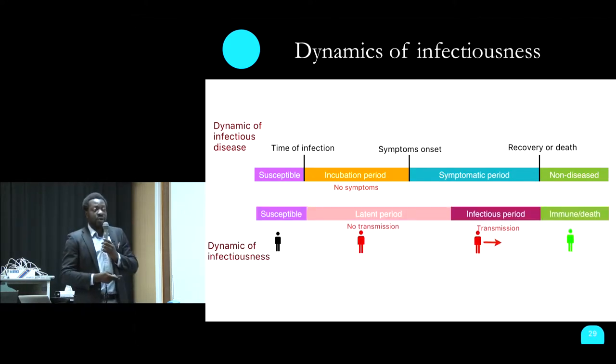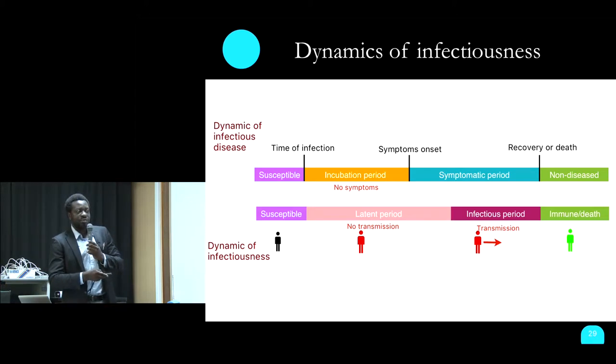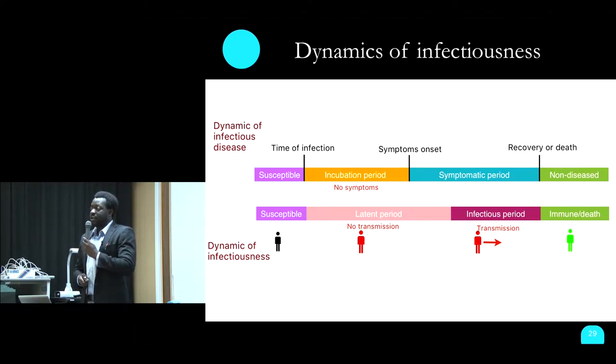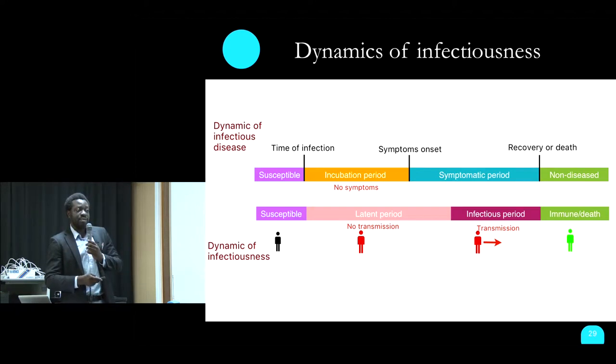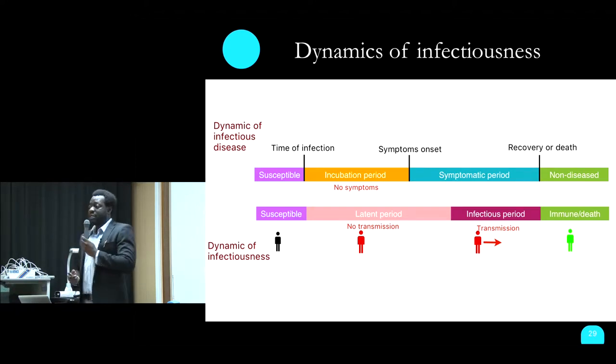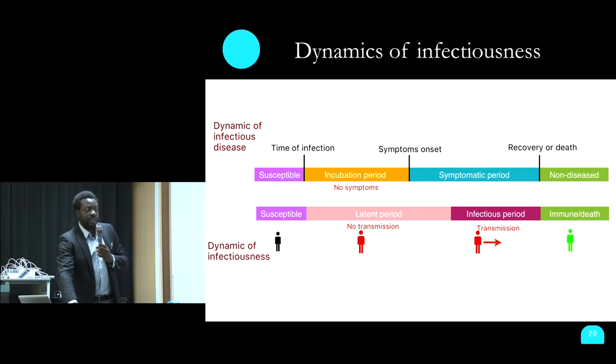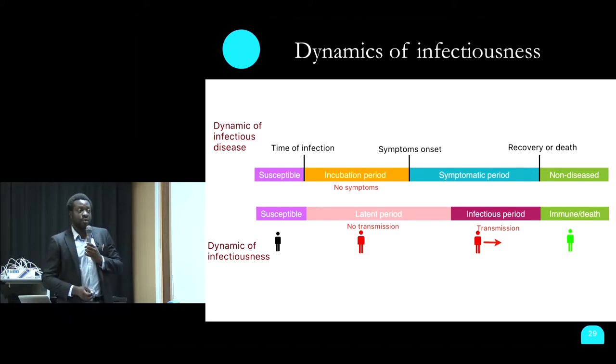But when we look at transmission, the picture is just slightly different. In terms of transmission, we still have the susceptibility period, but then from the time of infection, we have one period that we call the latent period. The characteristic in this period is that the person is infected, but he is not able to transmit the infection to other people.